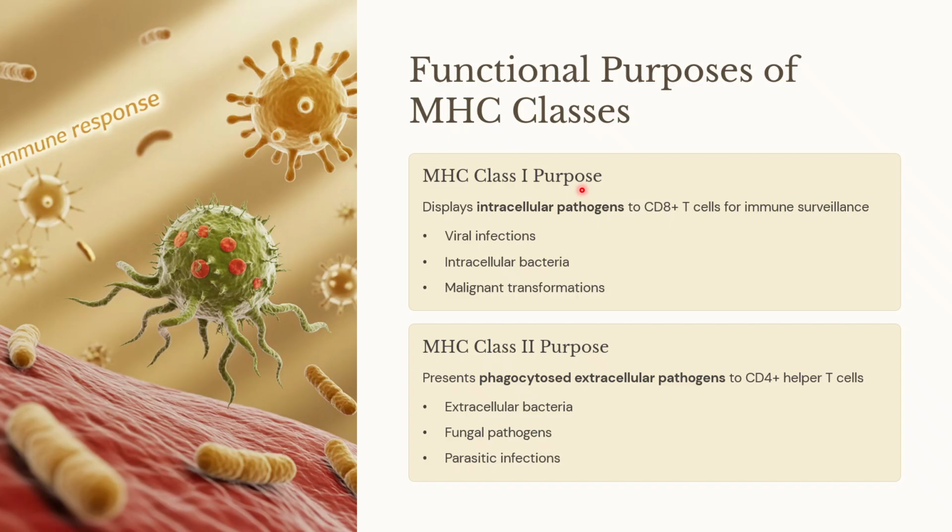Any intracellular bacteria or viral pathogens which are present intracellularly, and malignant transformations, are displayed by the MHC class 1. But MHC class 2 presents the phagocytosed extracellular pathogens to the CD4 helper T cells, along with extracellular bacteria, fungal pathogens, as well as parasitic infections.